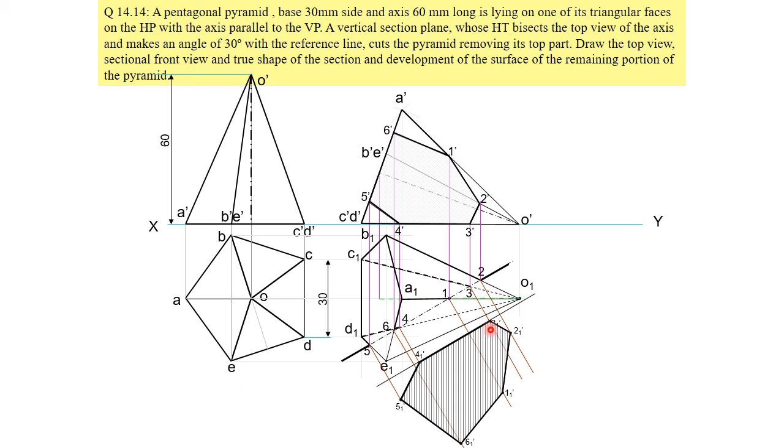And 3 and 4 are on the xy line. So 3 is over here and 4 is over here. And one more, that is 2, from here to here, perpendicular to xy up to 2 dash.